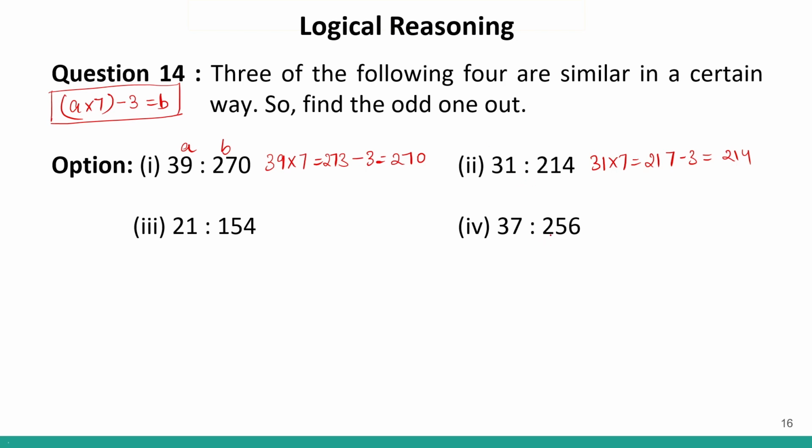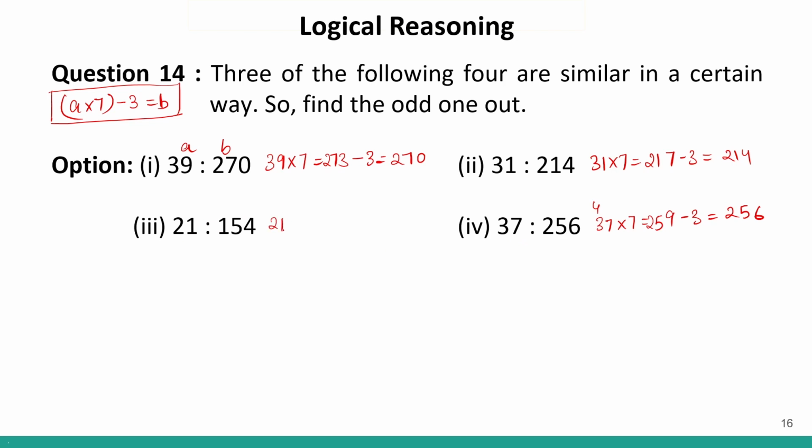Now let us check for option number 4. So 37 into 7 is 259. And if I subtract 3, I'll get 256. Correct? This is correct for option number 4 as well.